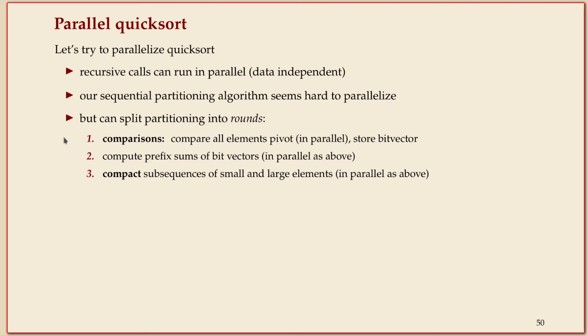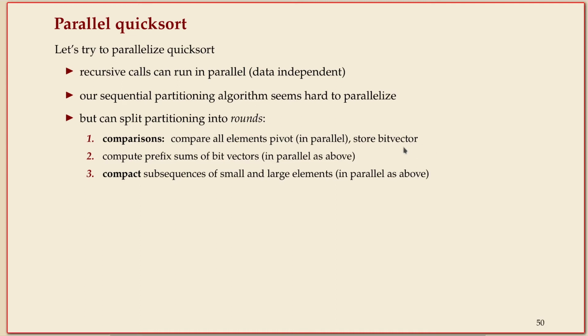But we can decouple these two parts. It was completely intertwined in the partitioning algorithm that we've seen, the sequential efficient one. But if you're working on a parallel machine, you want to decouple things. So what we do is first do a round of comparisons. And we can do this in parallel because the comparisons don't depend on each other. Whether this element is smaller or bigger than the pivot doesn't depend on whether that element is smaller or bigger than the pivot.